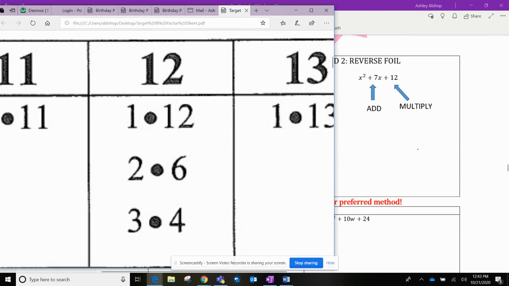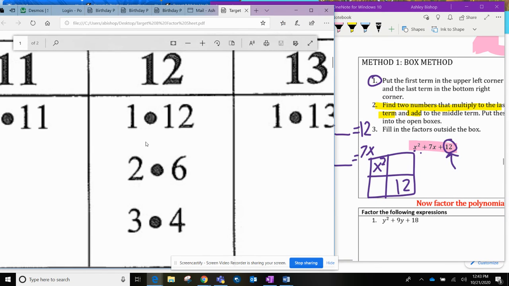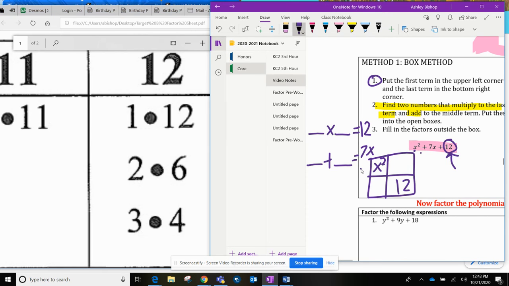I want to find what numbers multiply to 12 that add to 7. So these are my options. I have 1 and 12 as an option, 2 and 6 is an option, and 3 and 4. Playing around with those, I know that 3 and 4 will add to 7 and multiply to 12. So I'm going to put 3 and 4 add to 7x.